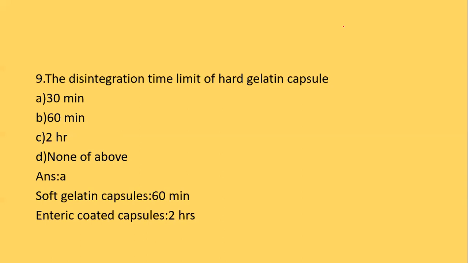We might think hard gelatin capsule has a greater disintegration time than soft gelatin capsule, but it is not like that. Hard gelatin capsule needs less time compared to soft gelatin capsule: only 30 minutes, whereas soft gelatin capsule needs 60 minutes for disintegration.